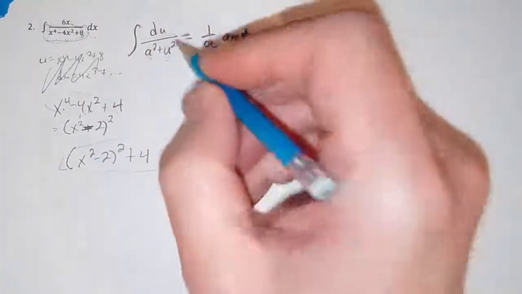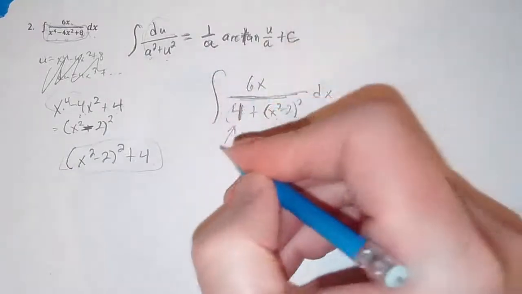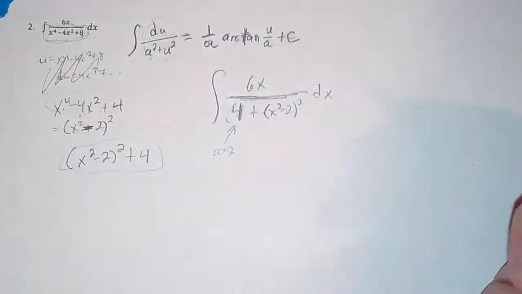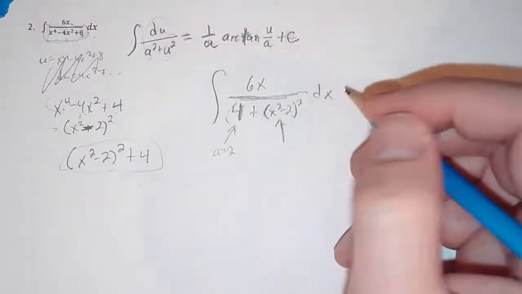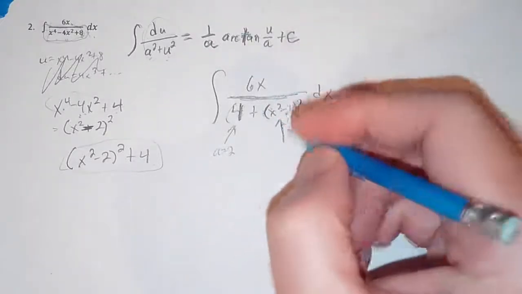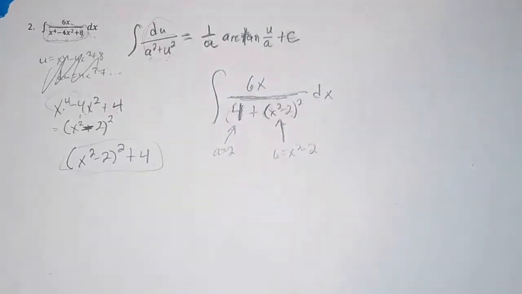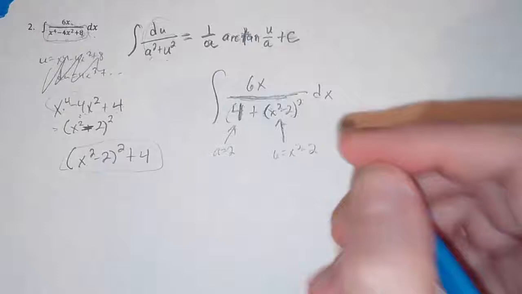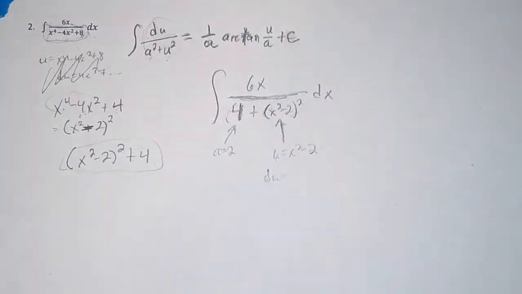And do I match this pattern? Let's see. Here, this is my a squared, which means a is 2. This is my u squared, and the thing that's being squared here is actually x squared minus 2. And now that I've defined what u is, I can define what du is.